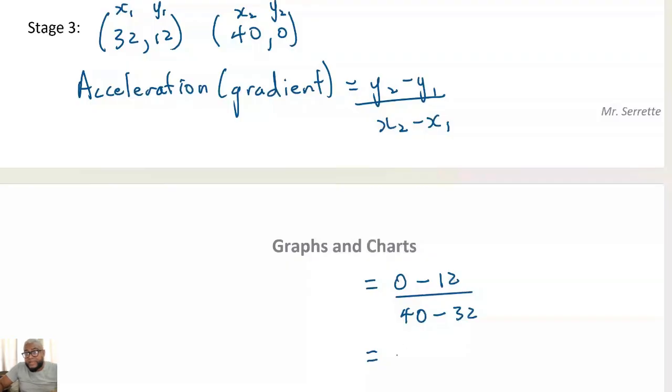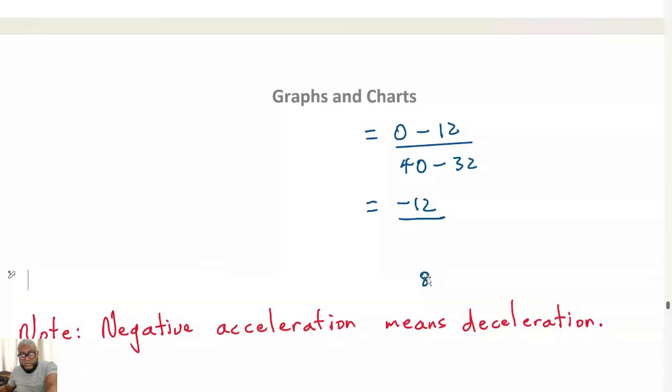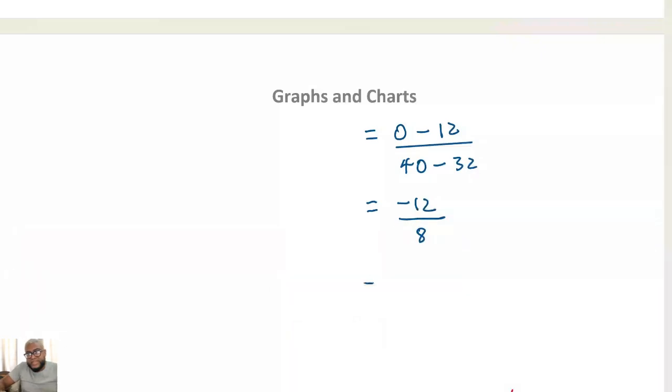Right? So 0 minus 12 would be negative 12, over 40 minus 32 would be 8. So this can be reduced. 4 into 12 is 3, and 4 into 8 is 2.